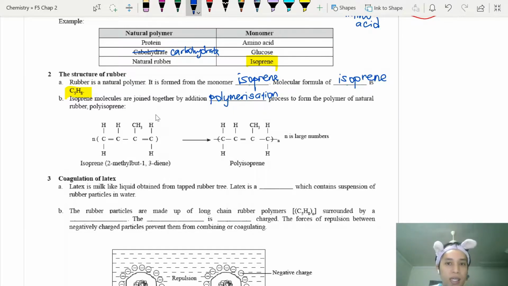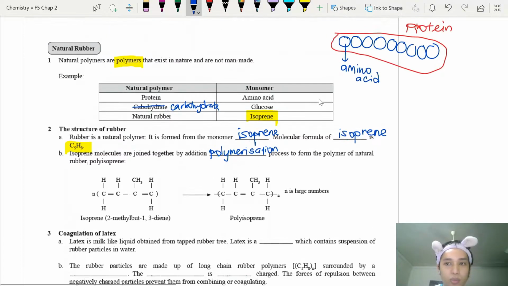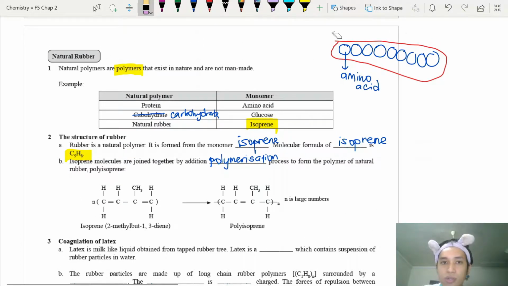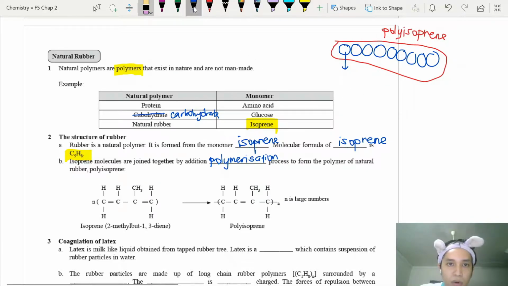If you link a lot of isoprene together, you change it into polyisoprene. So in this case, this one will become polyisoprene, and each small circle here is an isoprene.